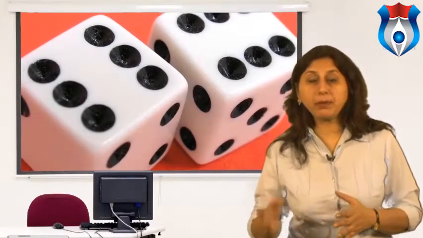If we roll a six-sided die, there are 6 possible outcomes and each of these outcomes is equally likely. A 6 is as likely to come up as a 3, and likewise for the other 4 sides of the die. What then is the probability that a 1 will come up? Since there are 6 possible outcomes, the probability is 1 by 6.